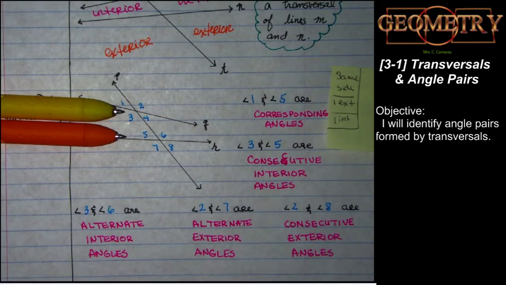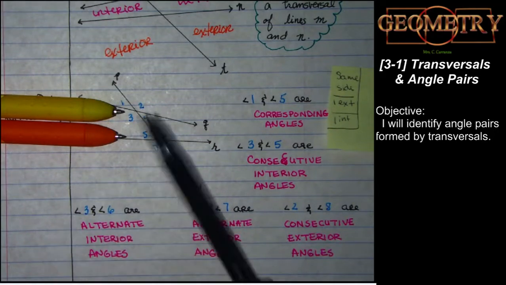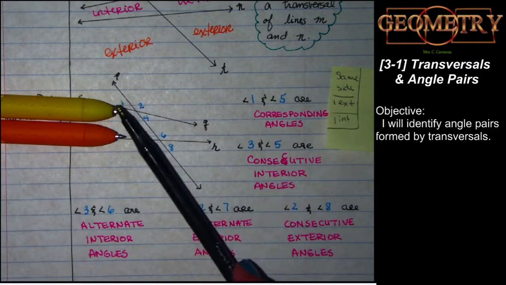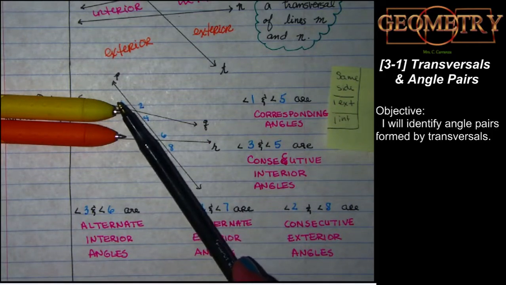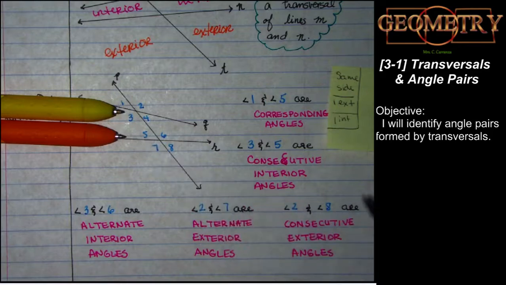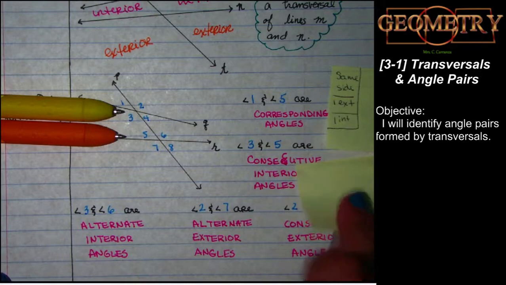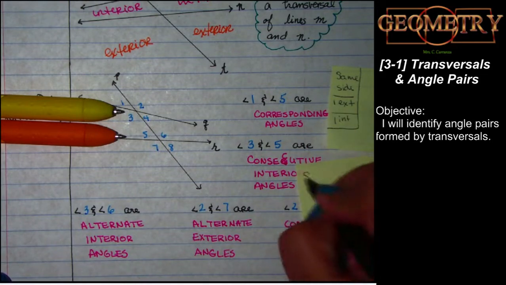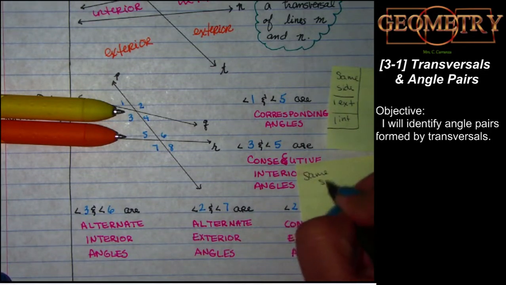This consecutive notion means that they're on the same side of the transversal from each other. So another way to think of consecutive is same side. So if you want to add that here, you're more than welcome to. Adding right here to consecutive interior, stating that consecutive means same side.